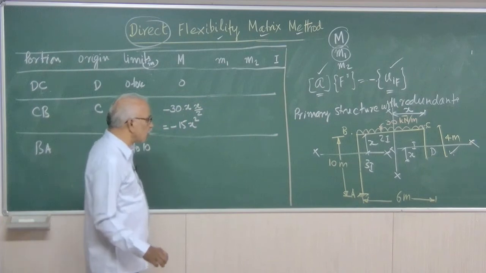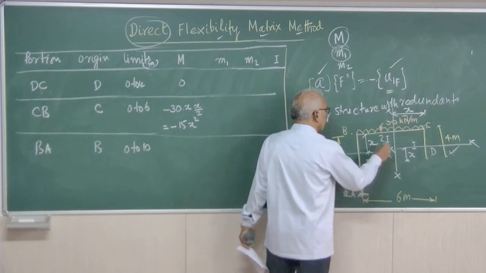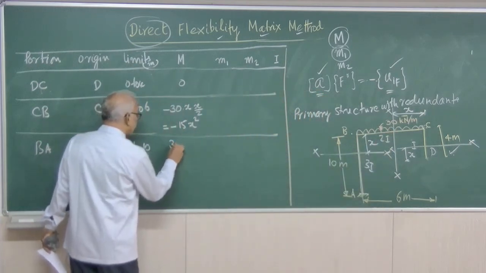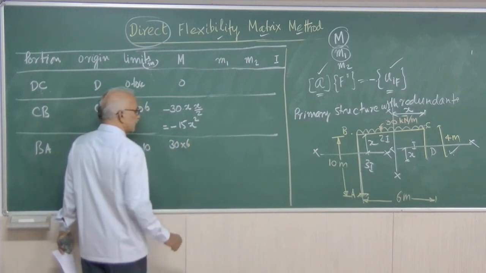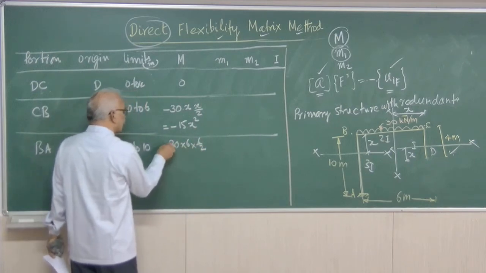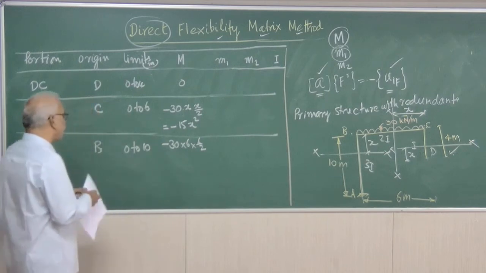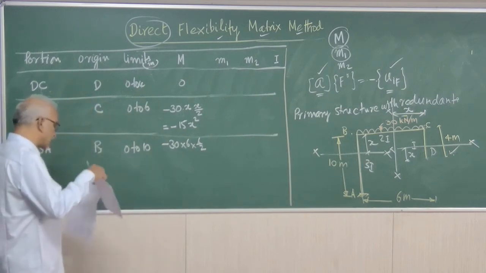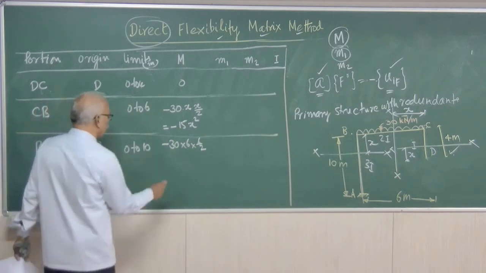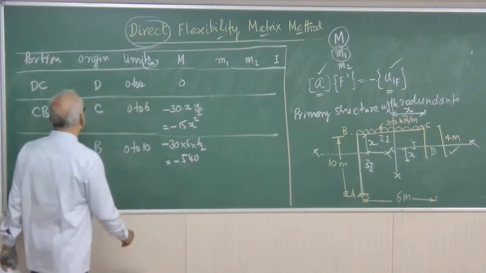So about this column, this will produce a moment equal to 30 into 6 meters into 6 by 2, and this moment is clockwise, therefore it is minus, because clockwise is negative, right? Anti-clockwise is positive, clockwise is negative, that we know. So this value equal to minus 540, right?